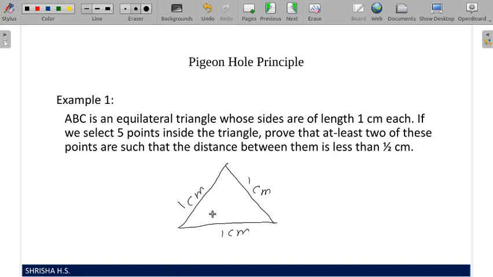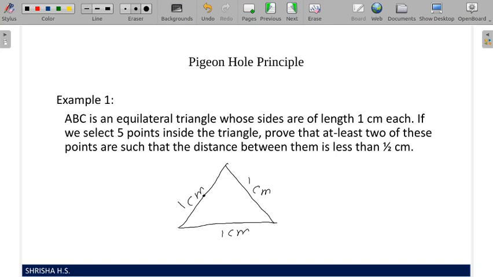We have to prove that if we plot 5 points inside this triangle, then at least 2 of those points will be less than half a centimeter apart. How do we solve this?